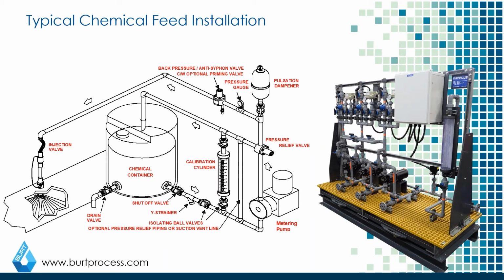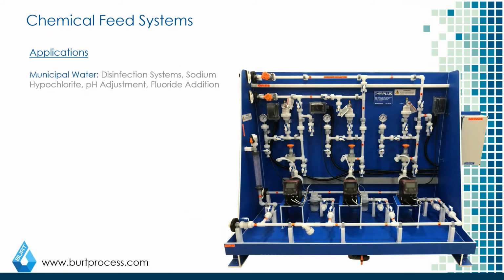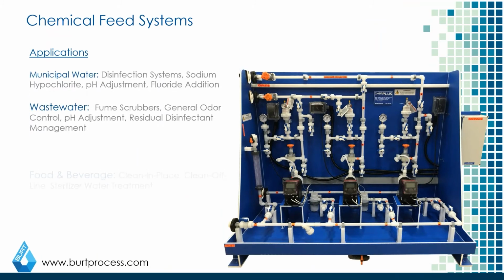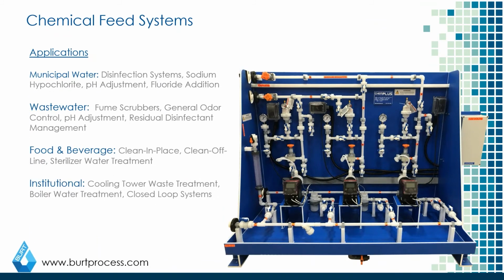They're configured in a number of different ways, such as simplex, duplex, and triplex. All of these different systems can be combined with a number of different chemicals and applications. Those include municipal water, disinfection systems, sodium hypochlorite, pH adjustment, wastewater for food and beverage, and institutional clean water.